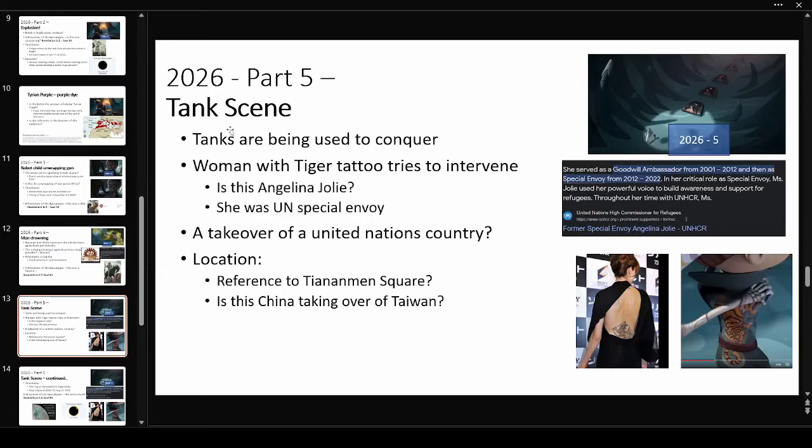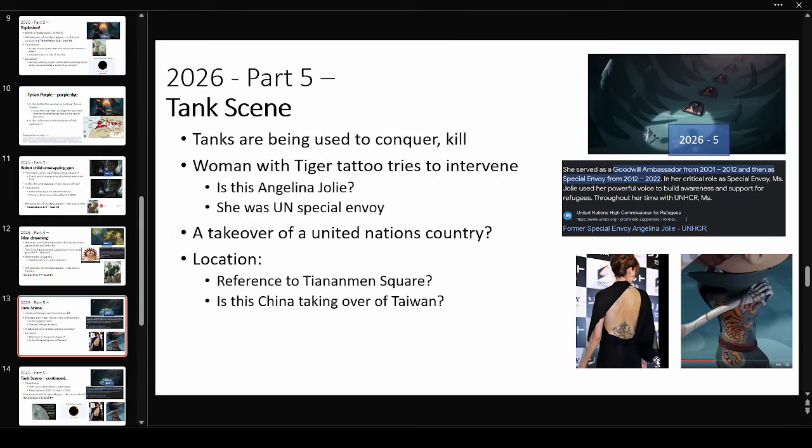And moving on to part 5, we have the tank scene. Tanks are being used to conquer here and kill. There is the woman with the tattoo who tries to intervene.